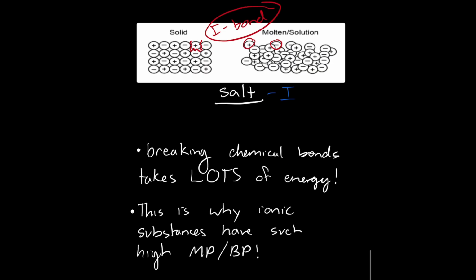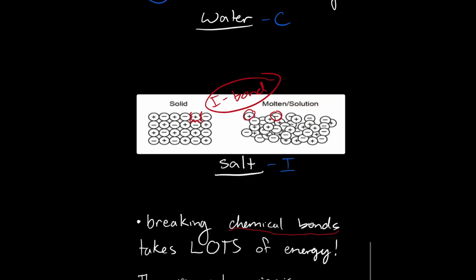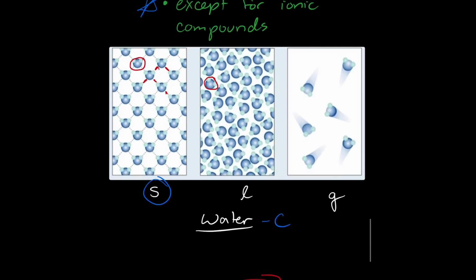Because breaking a true chemical bond, like an ionic bond, requires a lot of energy. And that's why your ionics are going to tend to have such high melting points and such high boiling points, because it takes a lot of energy to do that, versus breaking your weak little intermolecular forces between different molecules.